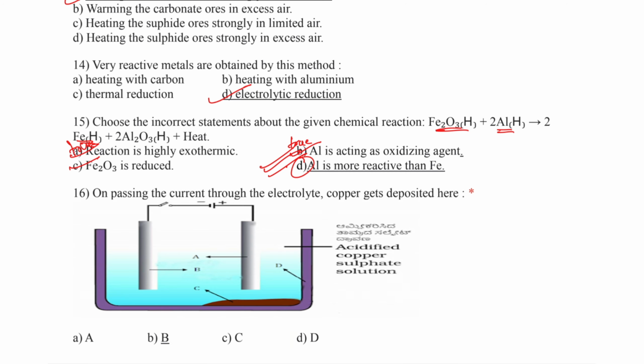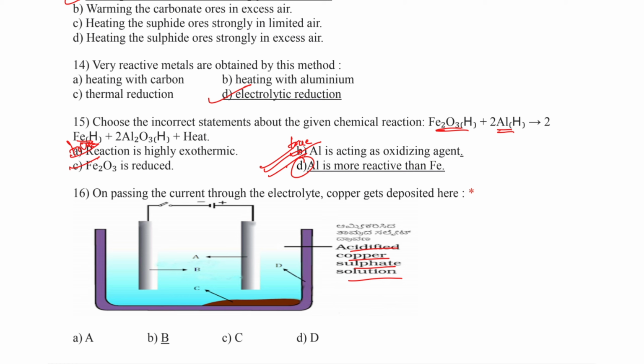Question number 16. This is related to the electrolytic refining of copper. On passing the current through the electrolyte, copper gets deposited here. So here we take acidified copper sulfate solution, and we connect the electrodes. One of the electrodes we call cathode and the other electrode we call anode.